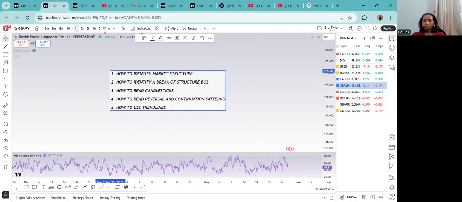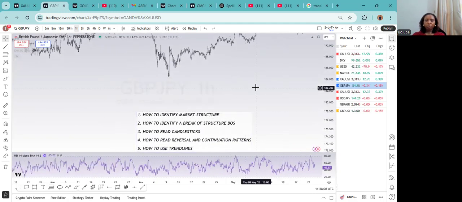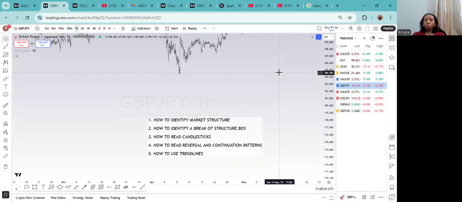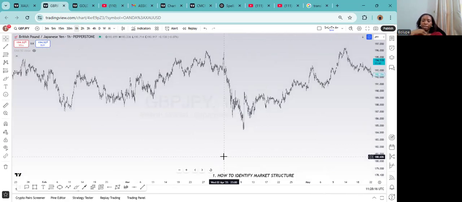So let's start with the first one. Today is how to identify market structure. When we talk about market structure, we are talking about the structure of the market.